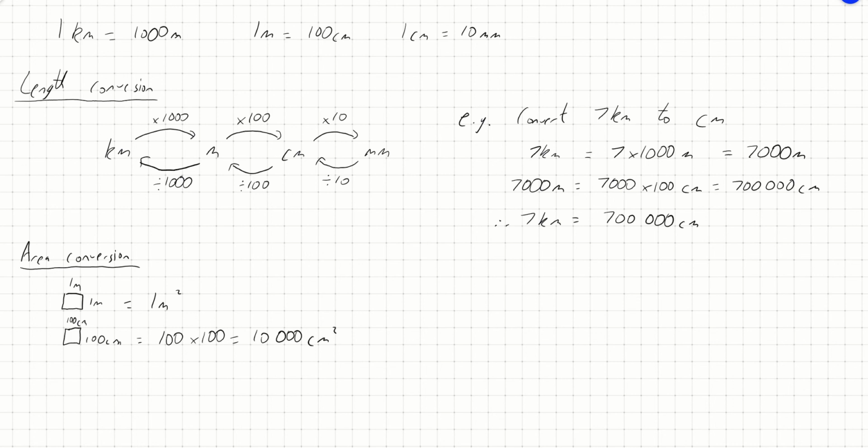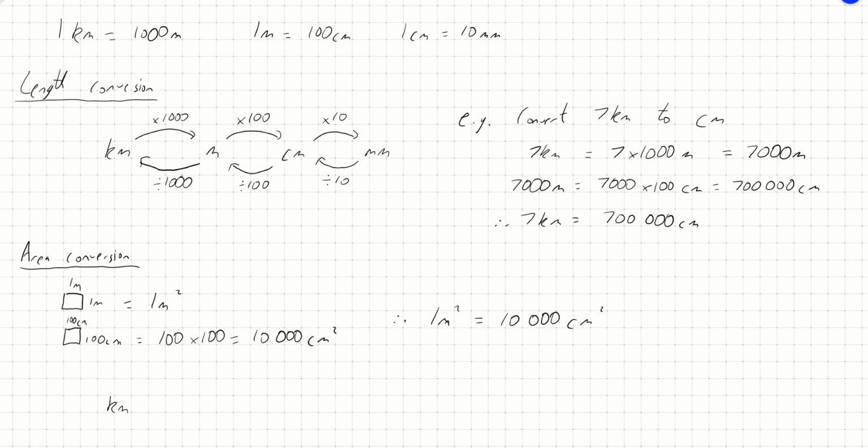So therefore 1 meter squared is equal to 10,000 centimeters squared. It's not equal to 100 centimeters squared. When we're doing area, rather than do 100, we have to do 100 times 100. So if we look at our diagram up above, it's very similar.